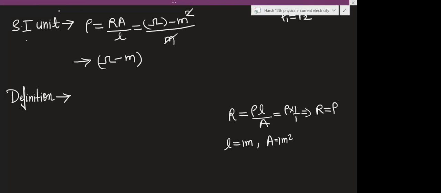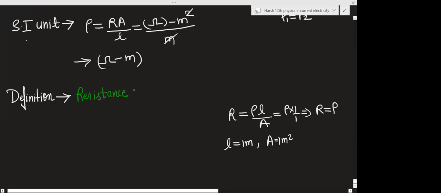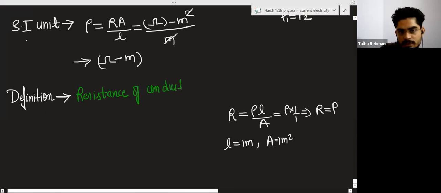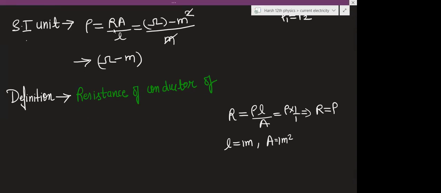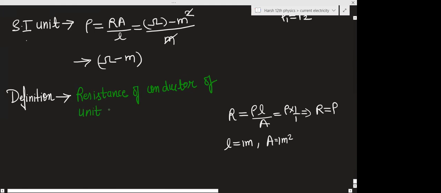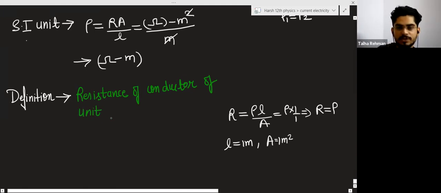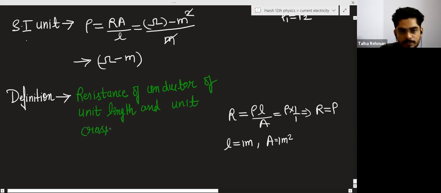So the definition of resistivity is the resistance of a conductor of unit length and unit cross-section area. Unit means 1 meter, or centimeter, or decimeter, or millimeter. Resistance of a conductor of unit length and unit cross-section area.